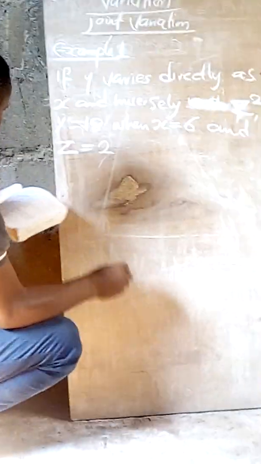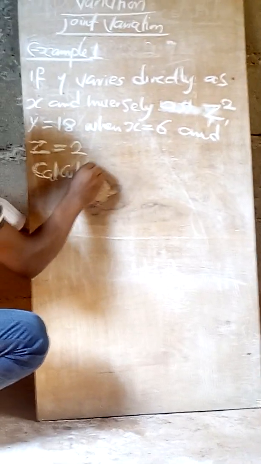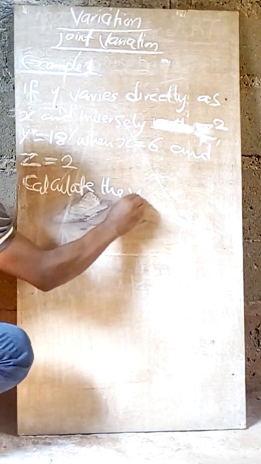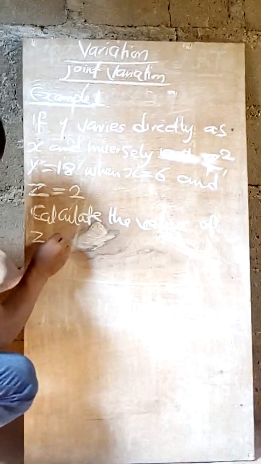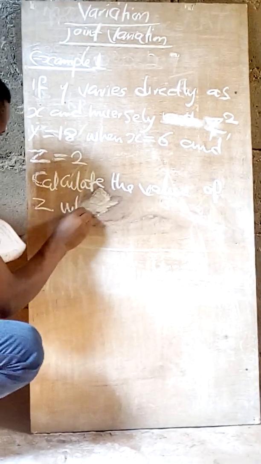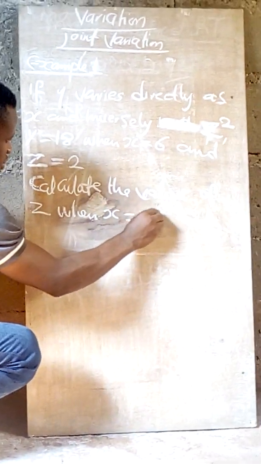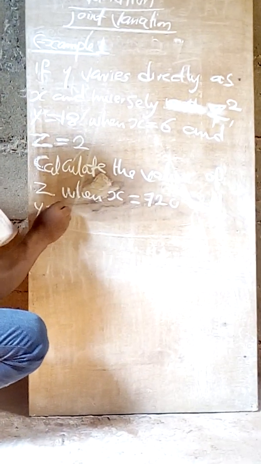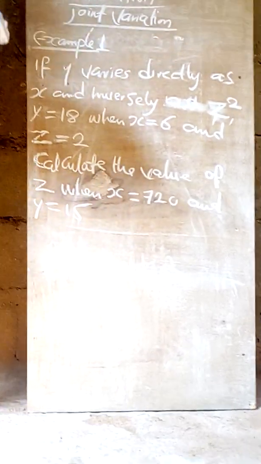Calculate the value of z when x equals 720 and y equals 15. Are you following now?